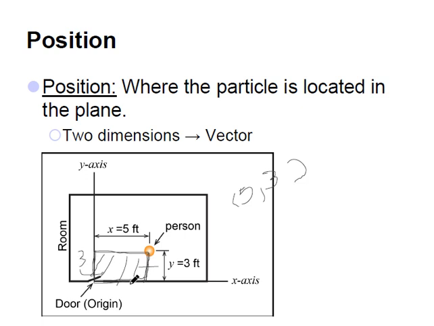So y is 3, x is 5, and your direction goes this way, because it goes in this direction on the x, and that direction on the y. So your resultant direction is like that, because you went straight on the x-axis and you went up on the y-axis.